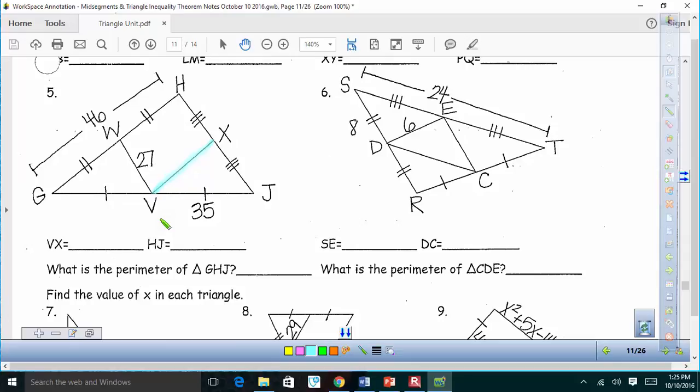Go ahead and turn your paper so that HG is at the bottom, and you can really see that XV is the midsegment to HG, which is the bottom. So they want me to find the midsegment using the fact that 46 is the bottom. How would I find the midsegment? Divide it by 2. So VX would be 23.